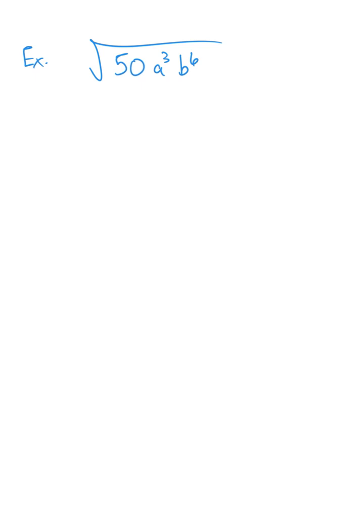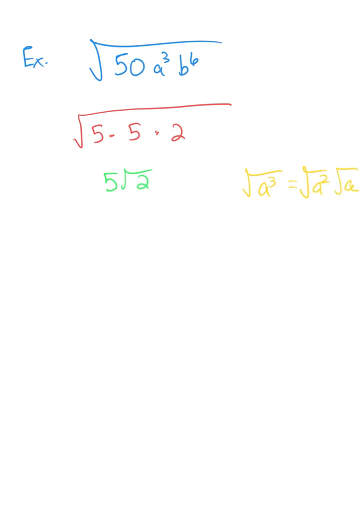Okay, so just another example. So this breaks down to 50 is 5 times 5 times 2. So we can pull that out to simply a 5 square root of 2. And then over here somewhere, because if I think of square root of a cubed as the same thing as square root of a squared times square root of a, which gives me an a square root of a.